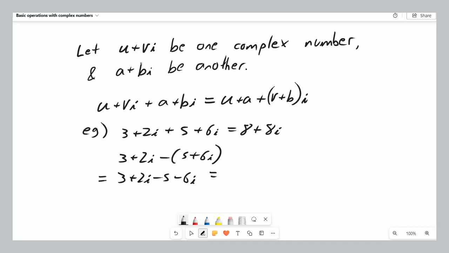We do the same thing. 3 minus 5 is -2, and 2i minus 6i is -4i. So whether you're adding or subtracting, because subtraction is just adding a negative, you collect the like terms. You add or subtract the real components, and you add or subtract the imaginary components.